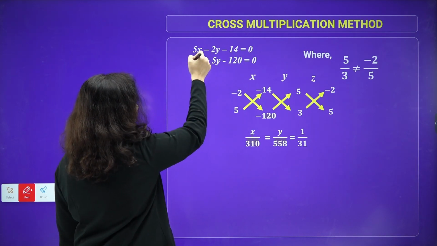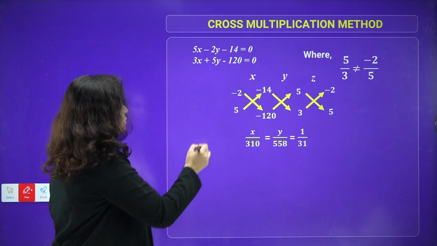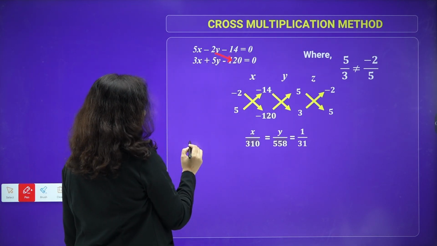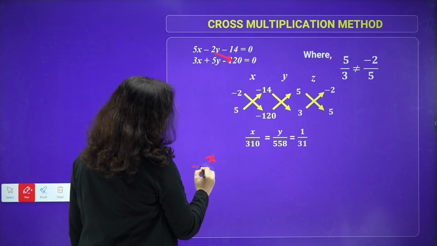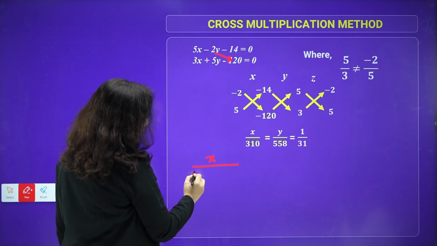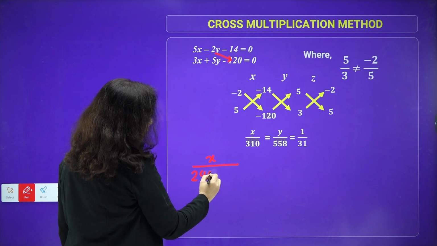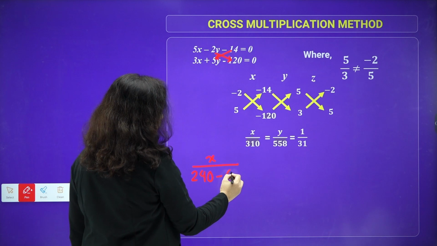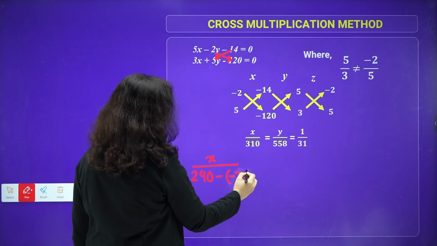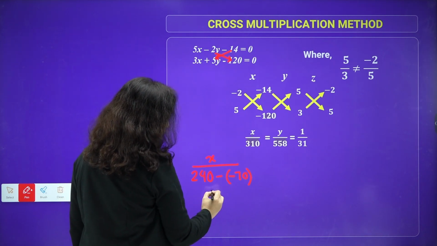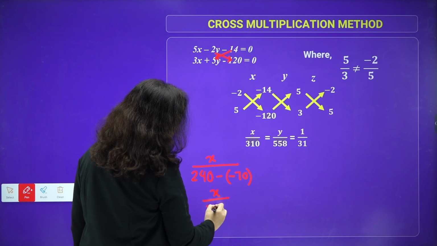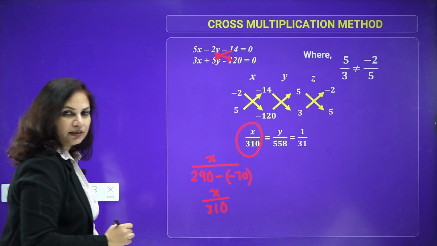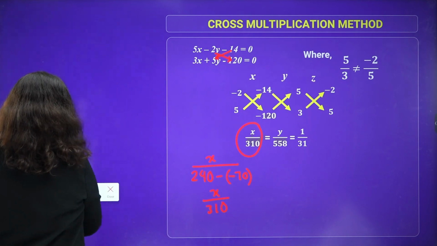X upon, we'll ignore the coefficient of x, minus 2 into 120. So x upon minus 2 into 120 is 240 minus 14 into 5 is minus 70. So this becomes x upon 310. So we get x upon 310 after cross multiplication.